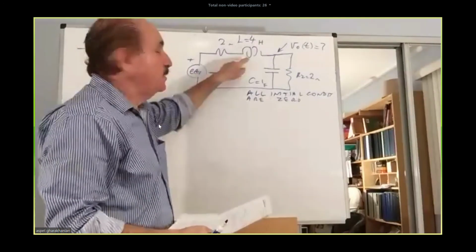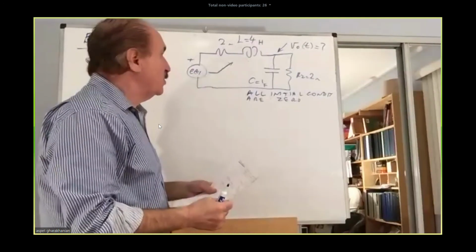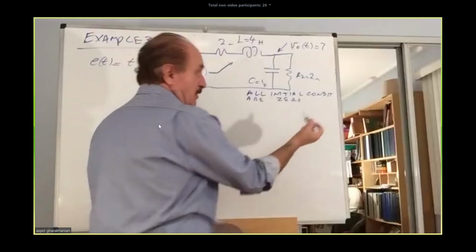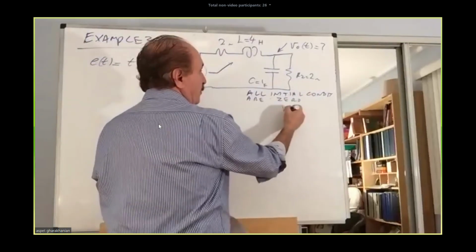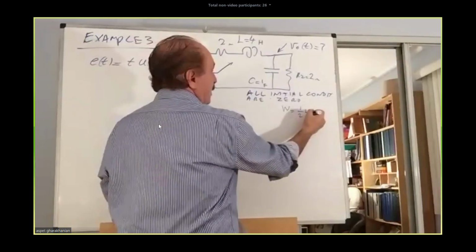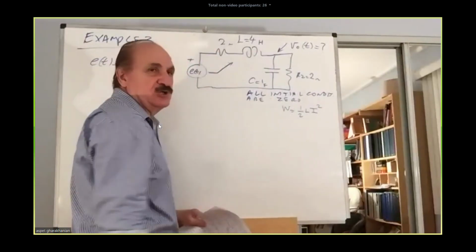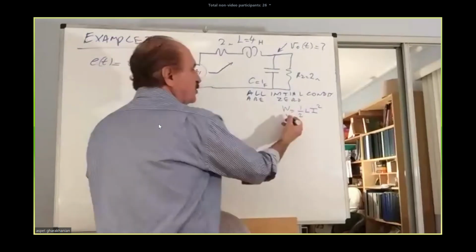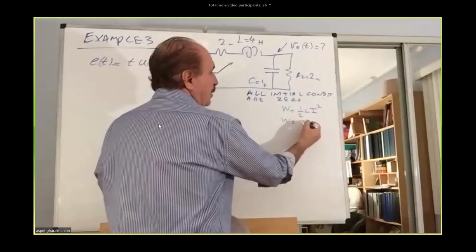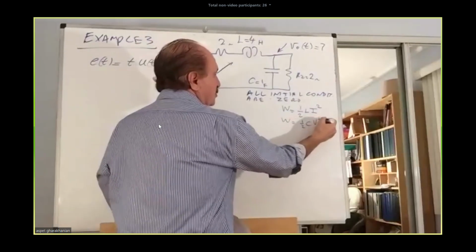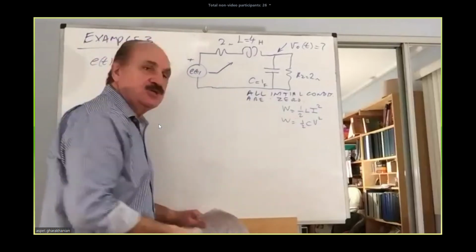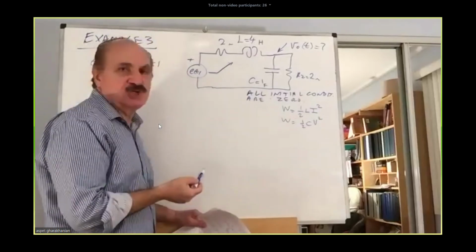Okay, let me remind you. Do you recall what the energy stored in an inductor was? Don't forget that. W equals 1/2 L i squared. You need to have current in an inductor to have energy. You remember what the stored energy in a capacitor was? 1/2 C V squared.